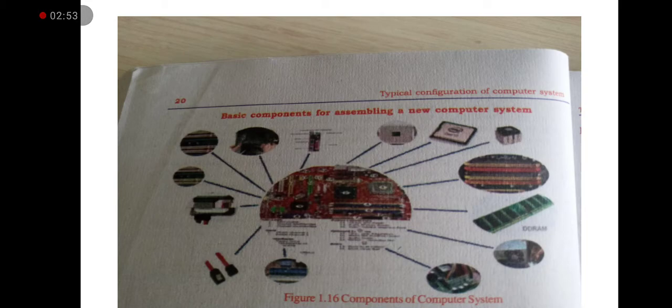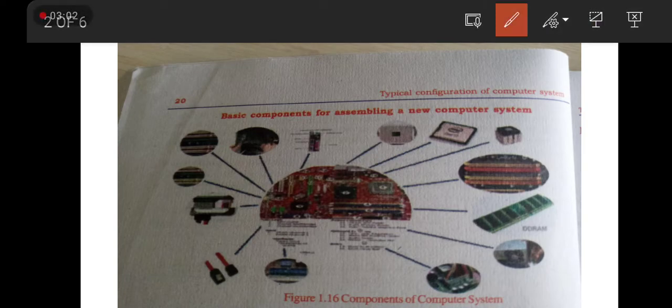Here you can see a motherboard, which contains various components such as the processor, then the DDRAM. All the other components, processor, RAM, ROM, then our BIOS, are situated there.